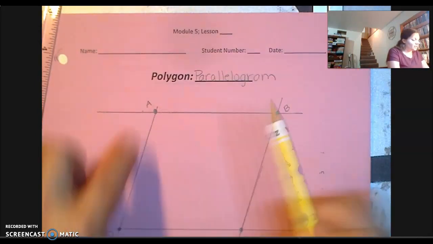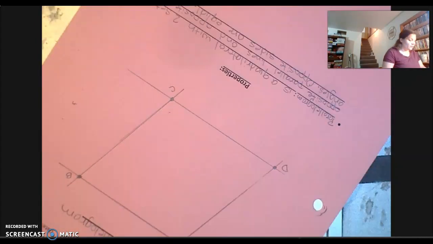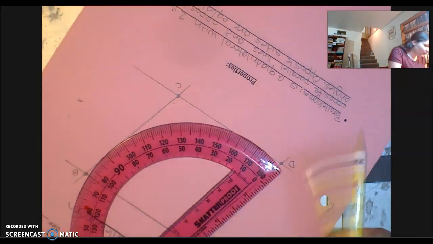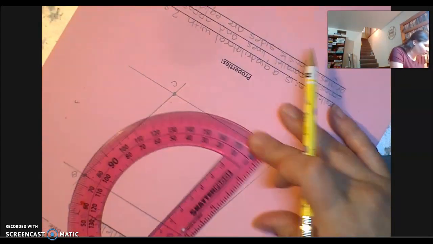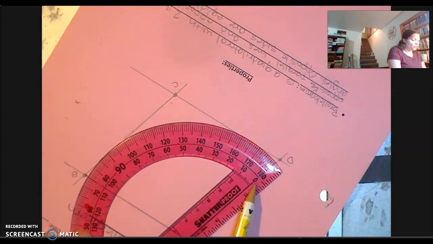And if I start here at A, I'm going to flip my paper upside down. And remember, we put the point in the hole on our protractor, and we line the line here up with the line on our protractor. So we line them up, and we follow from 0 all the way to where this line crosses.